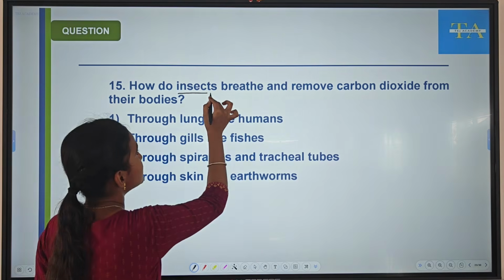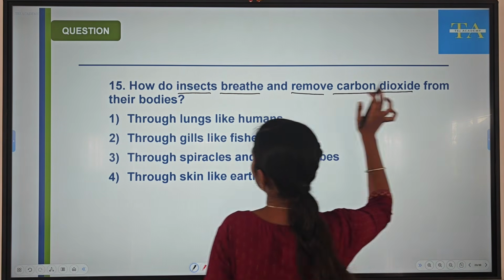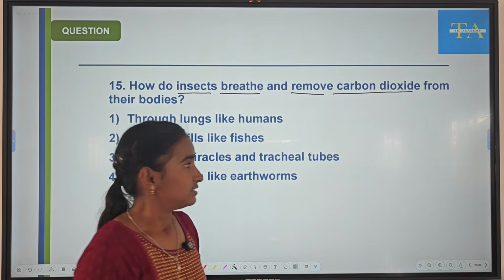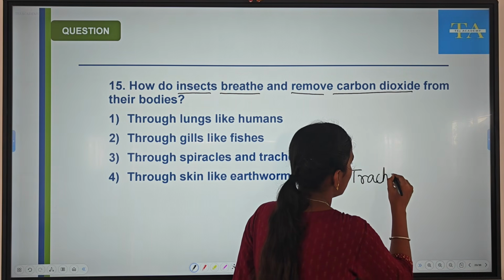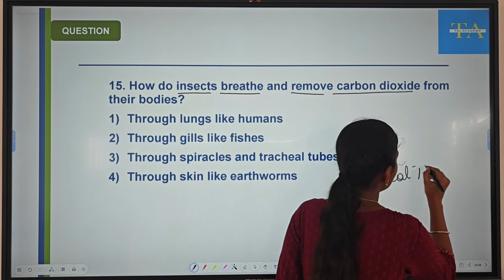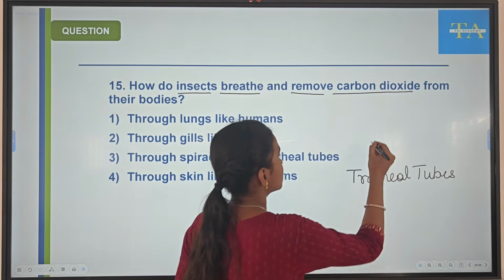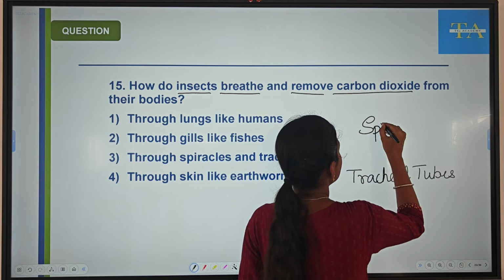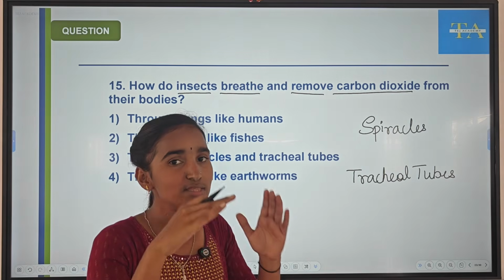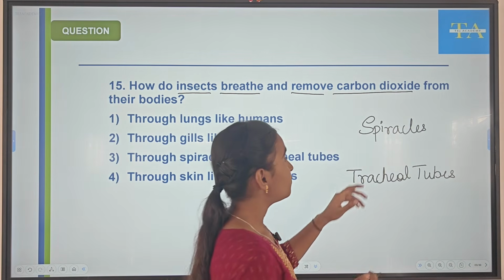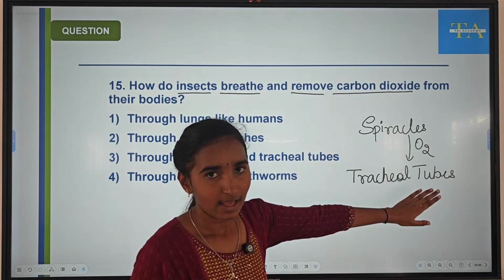How do insects breathe and remove carbon dioxide from their bodies? Just now we have learned, they have trachea or tracheal tubes. And one more structure, they have spiracles. Spiracles are the openings on the sides of their body through which oxygen will enter the trachea.